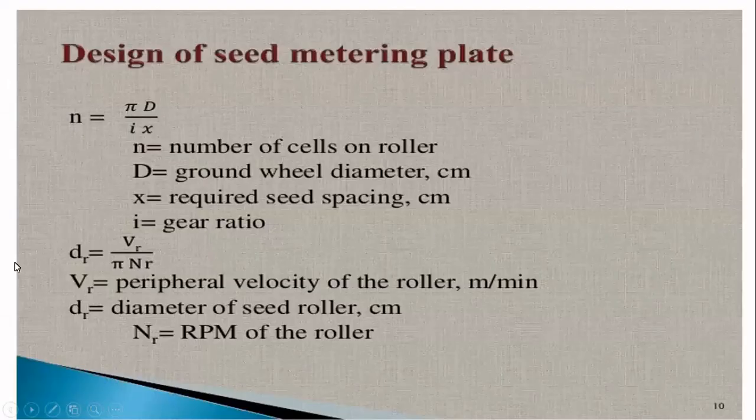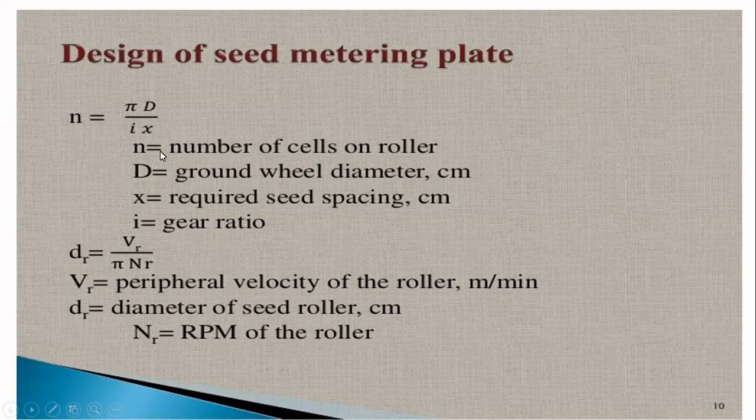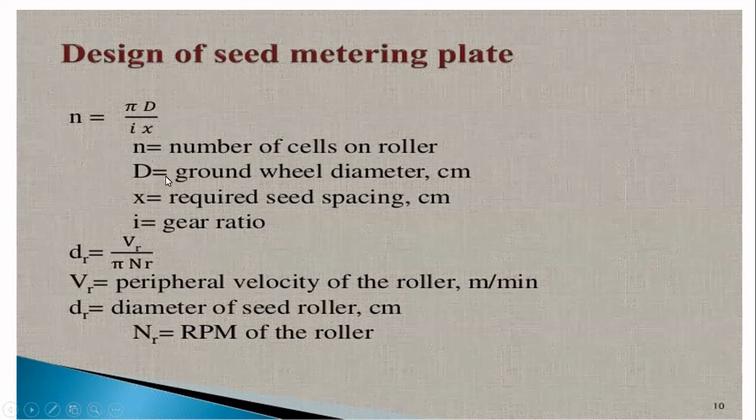Here small n is the number of cells on the metering disc or roller. I told you earlier, 12 holes are there in the plate.